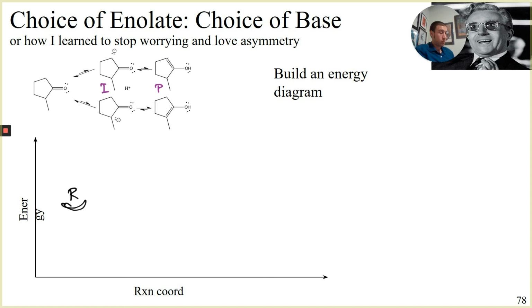We will call it a red intermediate and a blue intermediate, and intermediate, regardless of what color it is, begins with I. The red intermediate, we said, was higher in energy because we put a negative charge on a more substituted position. The blue one, a little bit lower. Both of them should be higher in energy than our reactant because they're charged.